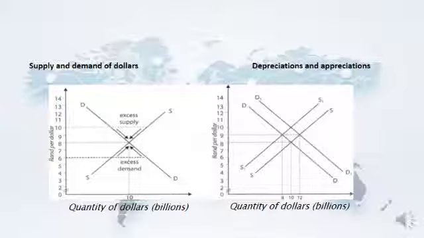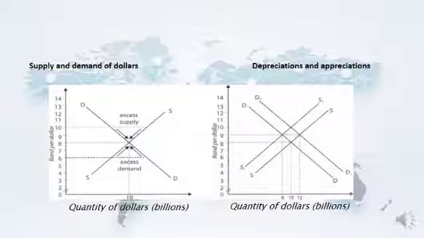So the equilibrium rate at this point is 8 rand per dollar. So if we look at the two curves, DD is the demand for dollars, and SS is the supply for dollars. People who demand dollars are those who have South African rands and want to buy dollars, and the ones who are supplying are holders of dollars who wish to exchange it for South African rands.